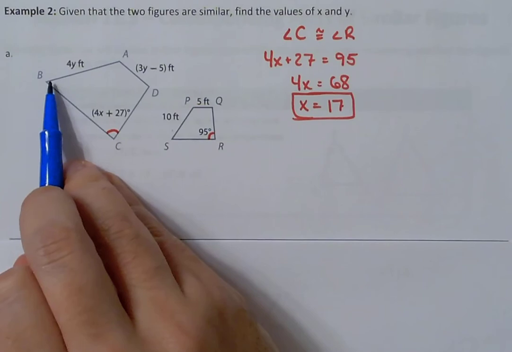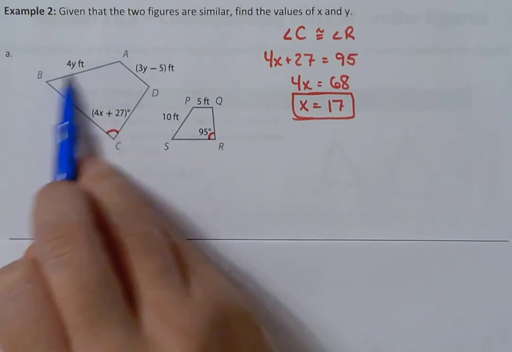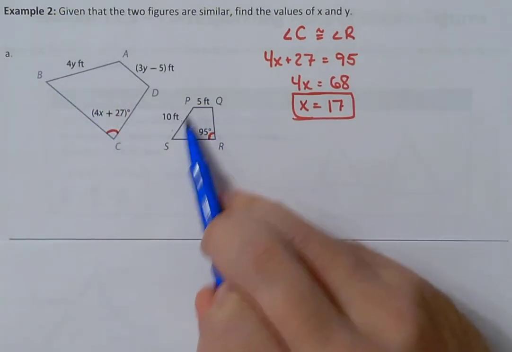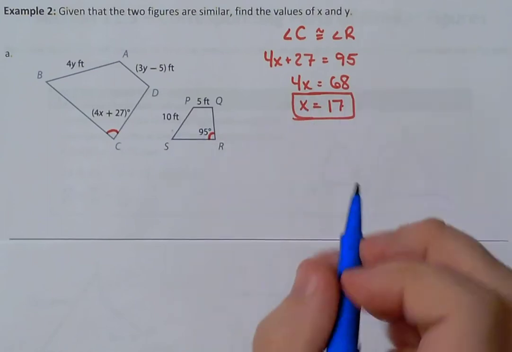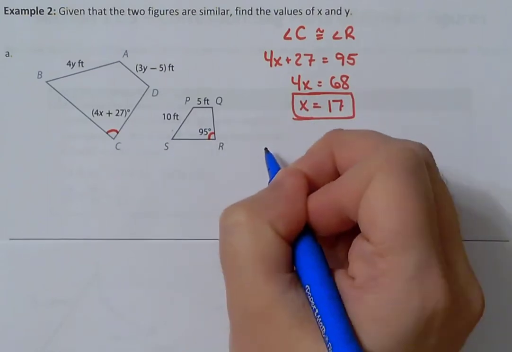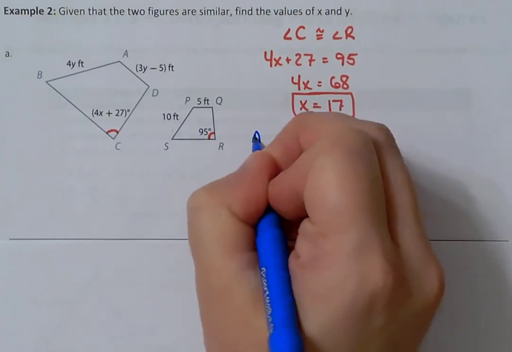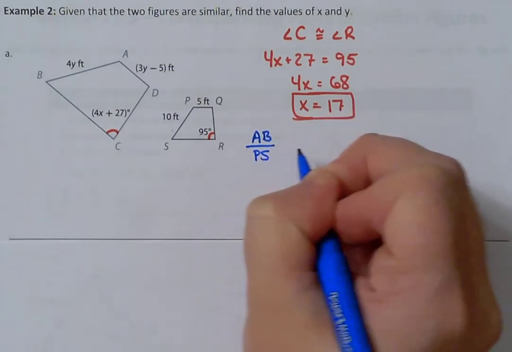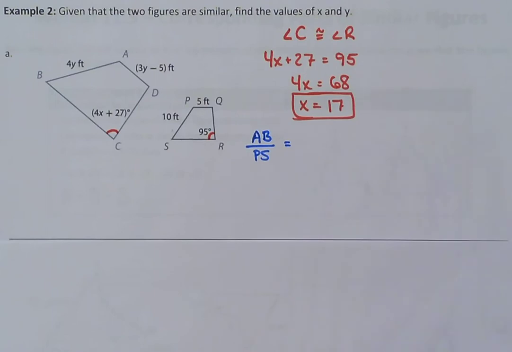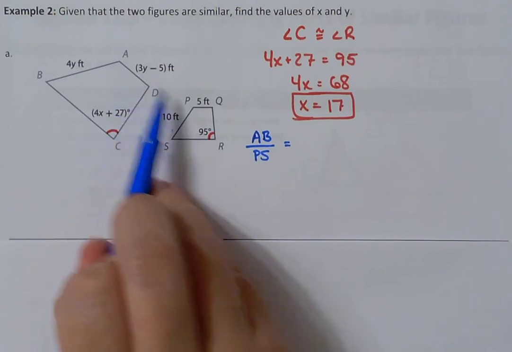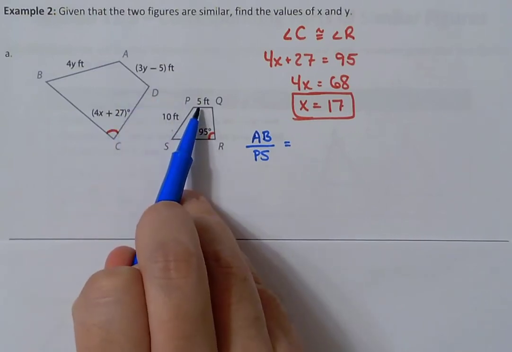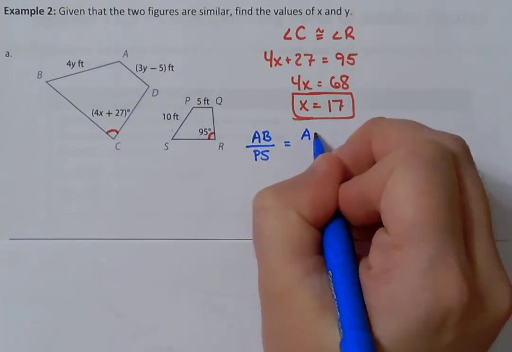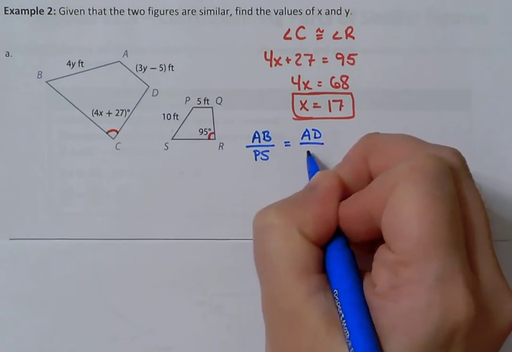If we start with AB, the side AB is going to be related to the side PS. So we have AB over PS, that's going to be equal to, we have to take another set of side lengths to set up a proportion, AD over PQ for our other fraction.